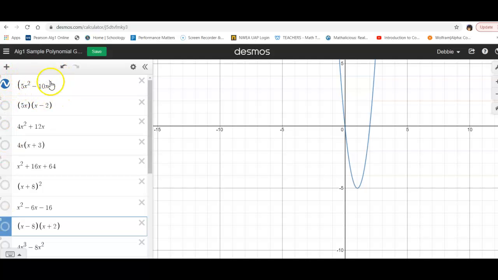Here is one quadratic right here: 5x squared minus 10x. So it's a parabola. And now that you're looking at the parabola, look at the factored form of the parabola. You'll notice it's the same line, but I want you to look at these two factors, and I also want you to look at where the graph crosses the x-axis.